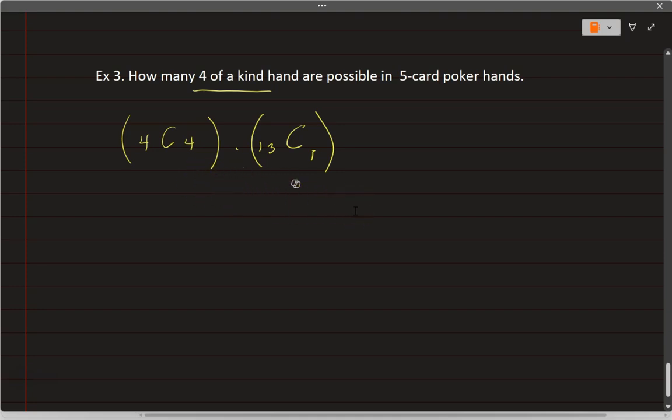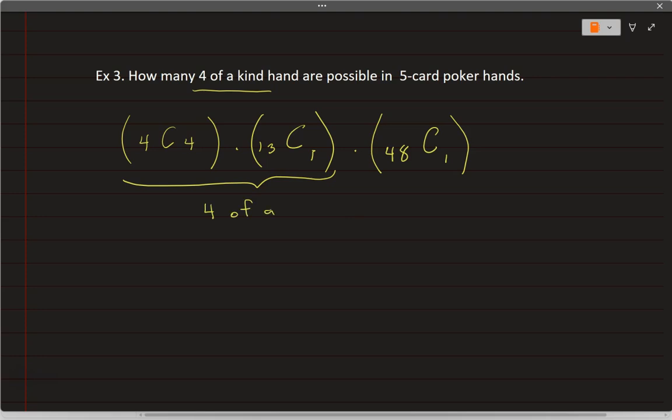Then we have to include the last card. And for the last card, out of the 52 cards, there are 48 left. So you have to multiply that by 48 choose 1. Okay, so that's really, really important. The first 2 expressions are the 4 of a kind, but not including the last card.